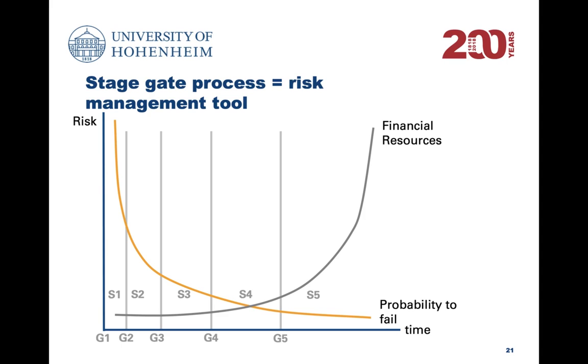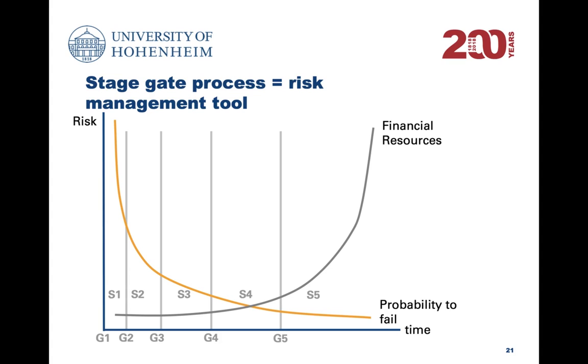So you can imagine, if you have a probability to fail developing over time from stage to stage, approximately as the yellow line indicates, then you could imagine that the risk stays about the same, sort of a horizontal line, okay?